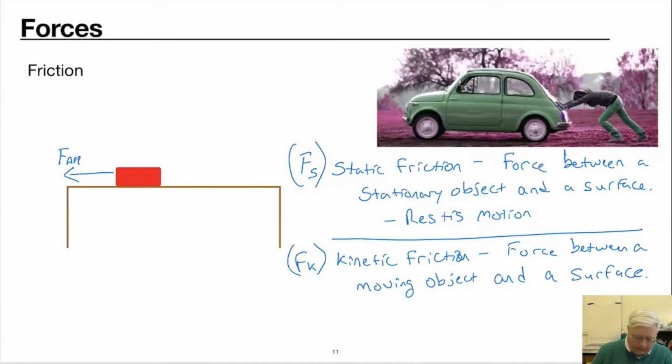Well, we know that gravity will be attempting to pull it down, but it's on a surface, so the normal force will push back in an equal and opposite direction. And if we try to push it to the left and it doesn't move, then static friction is going to hold back.